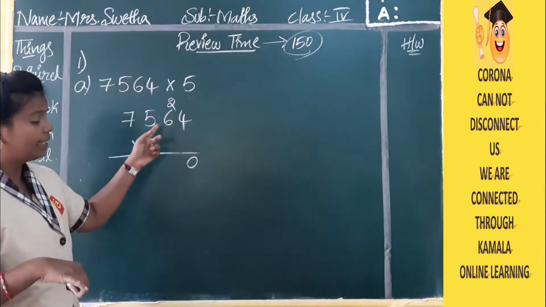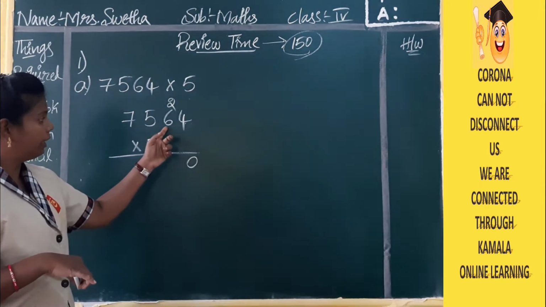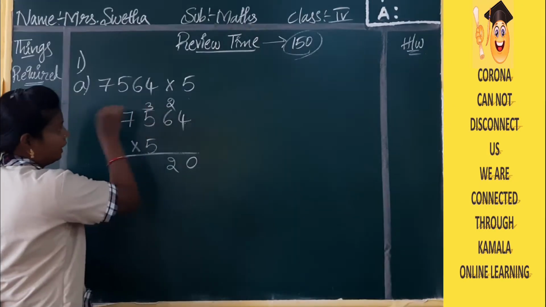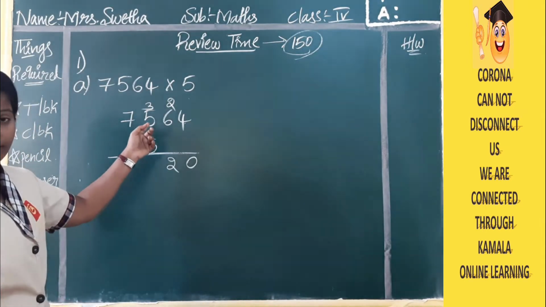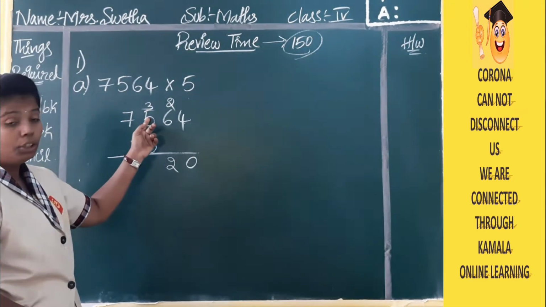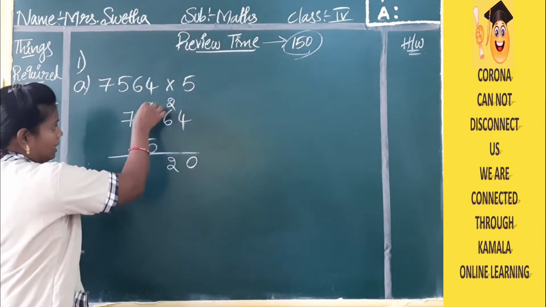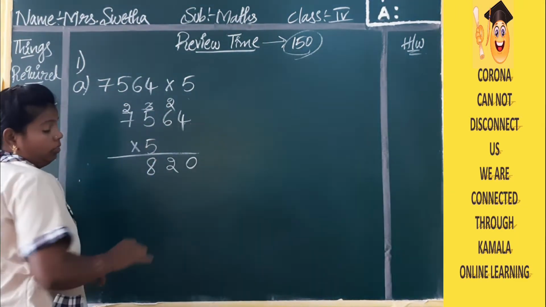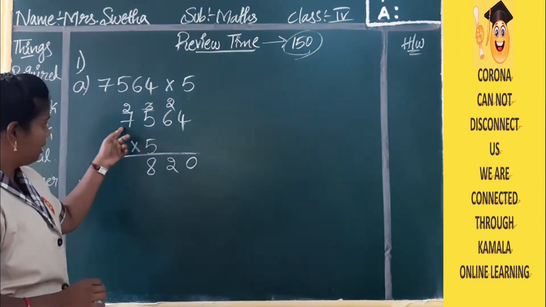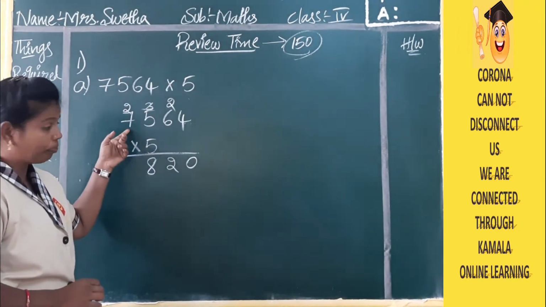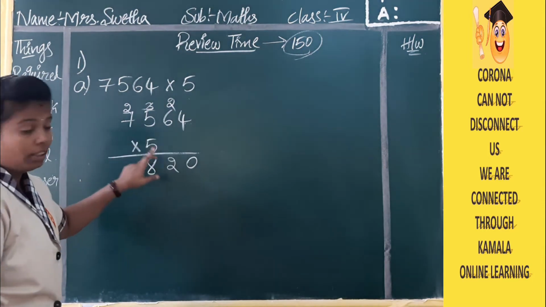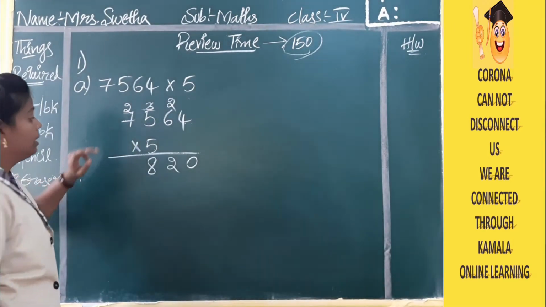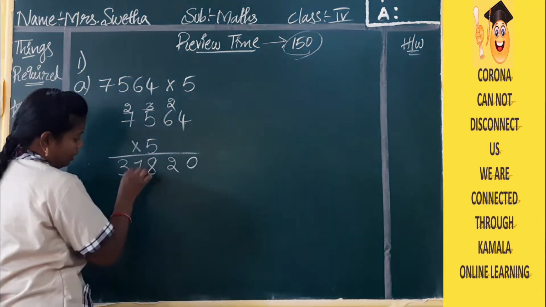Now 5 6s are 30. 30 plus 2, 32. So 2 down, 3 up again. Next 5 5s are 25. 25 plus 3, 28. So 8 down, 2 up. 5 7s are how much? 5 7s are 35. 35 plus 2, 37.